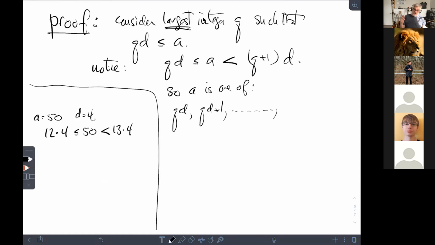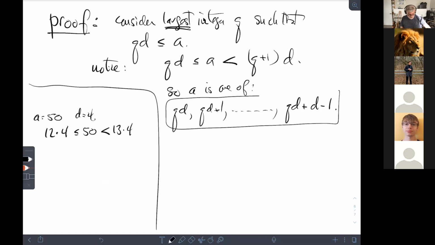But the biggest one it can be is QD plus D minus 1. That's the biggest it can be, right? Because the next one, these are all integers. The next one would be QD plus D, but that's Q plus 1 times D, which is too big. Everybody is okay with this up to this point? If I try to fit another D, I'm going to go over. Yes. Okay.